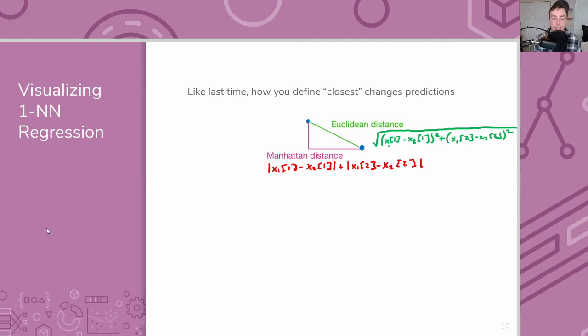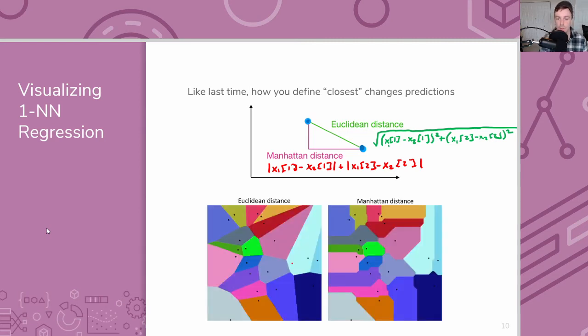How you use this definition of distance will change what it means to be a nearest neighbor. So here I have examples of what this Voronoi tessellation looks like when you use Euclidean distance versus Manhattan distance. The idea is the same. You form these cells where all of the points in one cell are nearest to one of our training points.